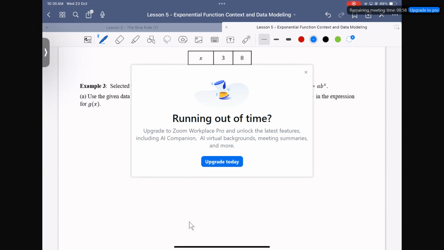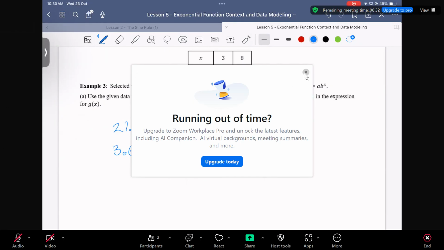Yep. 21.54 equals a times b to the power of 3 on our other equation. 3.62 equals a times b to the power of 8. All right.